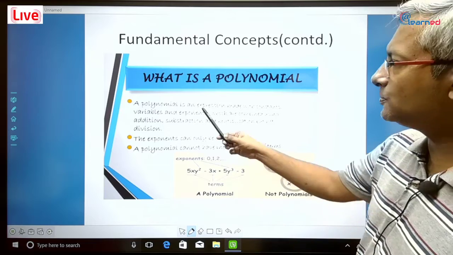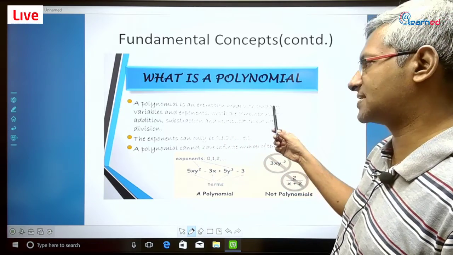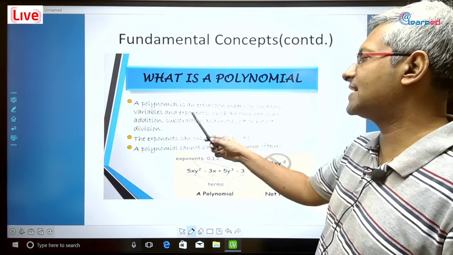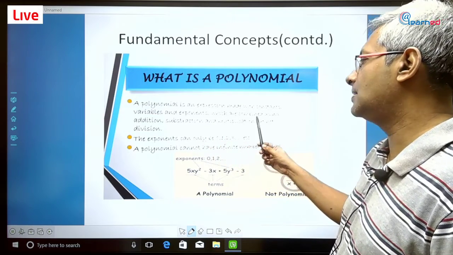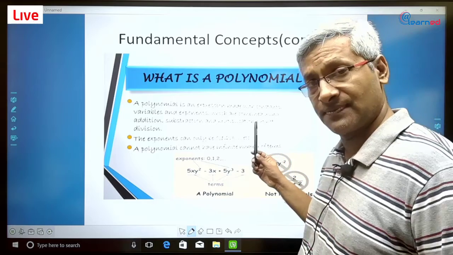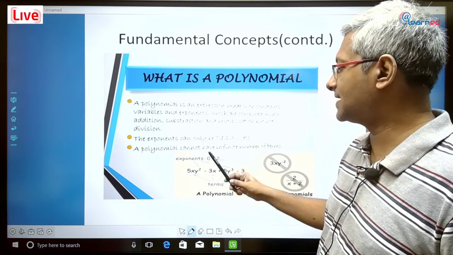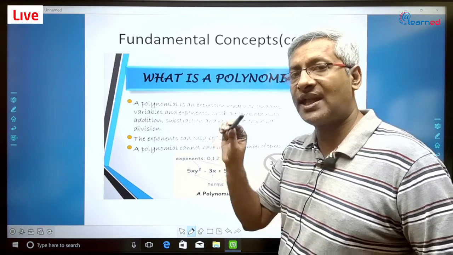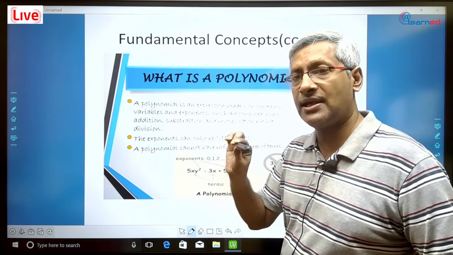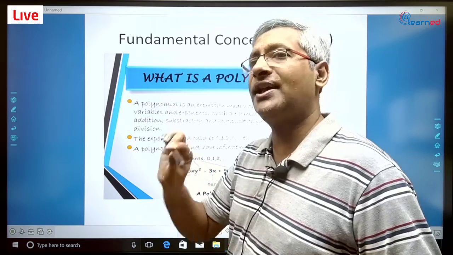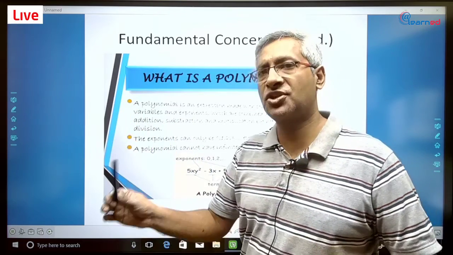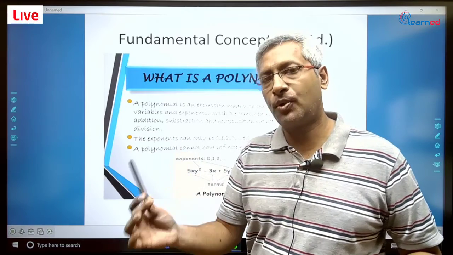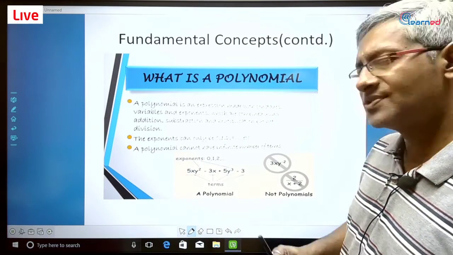A polynomial is an expression made with constants, variables and exponents which are combined using addition, subtraction and multiplication, but not division. In binomials or general multinomials, we can have a division symbol, but in polynomials we cannot. So it is slightly different.